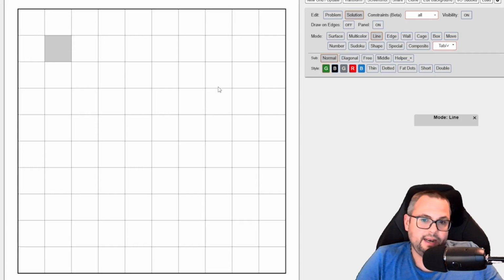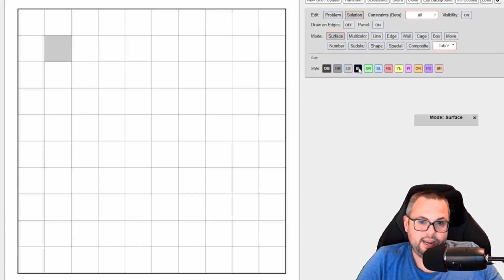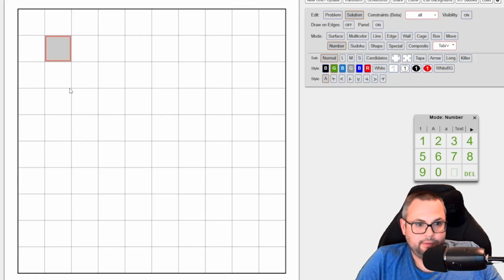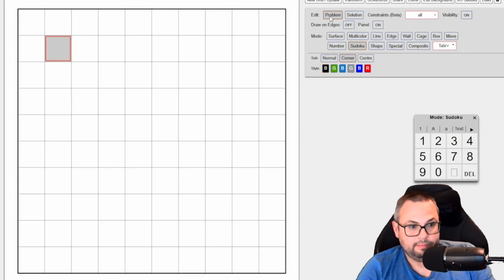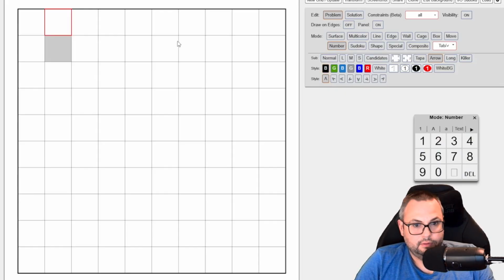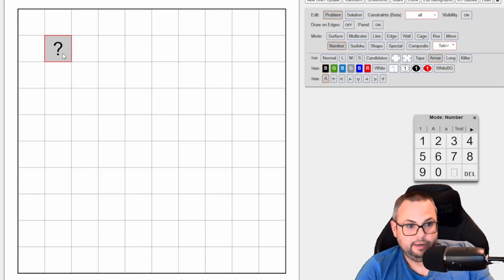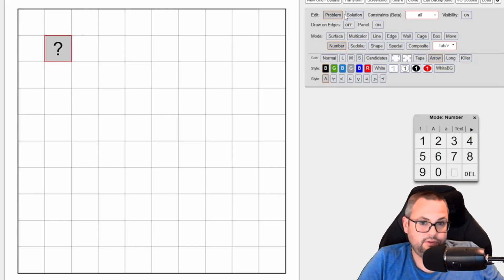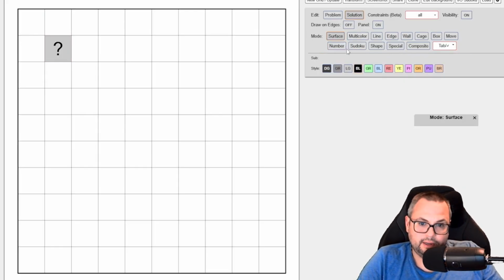And the reason for that is that if I were to shade this cell to omit it from contemplation, by the way, I'm going to put a question mark here just to remind myself that this is going to be a clue, so that I don't confuse it with a cell I have shaded. If I were to shade this cell, or maybe dark gray this cell, now this cell can't have loop in it either because it would be a dead end.